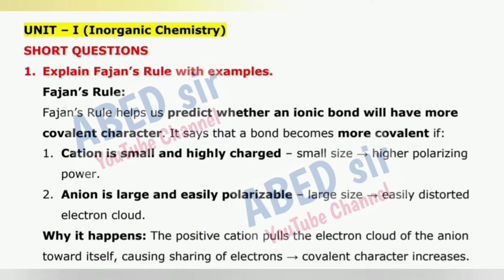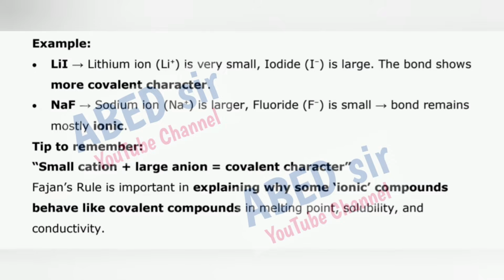Why does it happen? The positive cation pulls the electron cloud of the anion toward itself, causing sharing of electrons. Covalent character increases. Example: Li⁺, lithium ion, is very small, and iodide, I⁻, is large. The bond shows more covalent character.